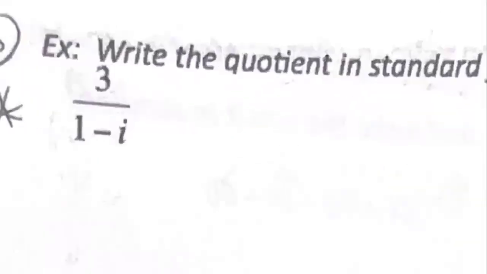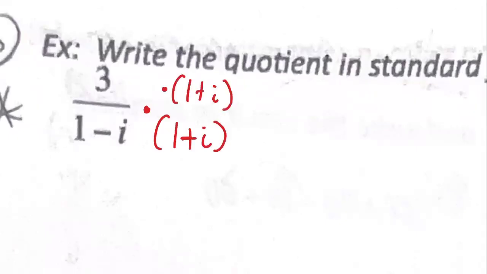So you have to use the complex conjugate. That's the whole point of it. So in order to get rid of the imaginary in the denominator, I have to multiply it by the conjugate. But since I'm multiplying the denominator, I have to multiply the numerator as well. Does that make sense? Yeah.